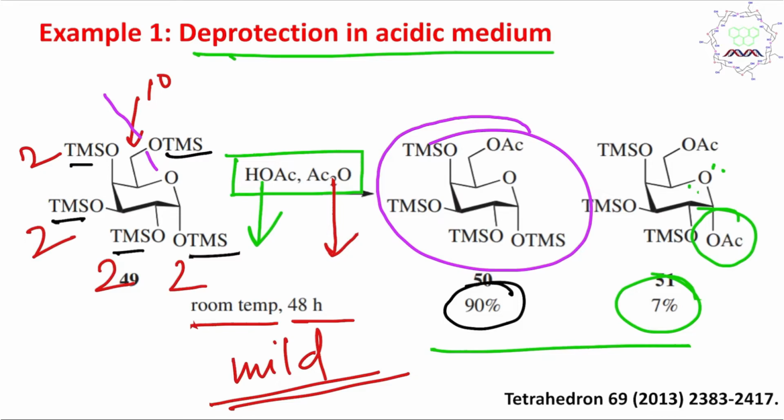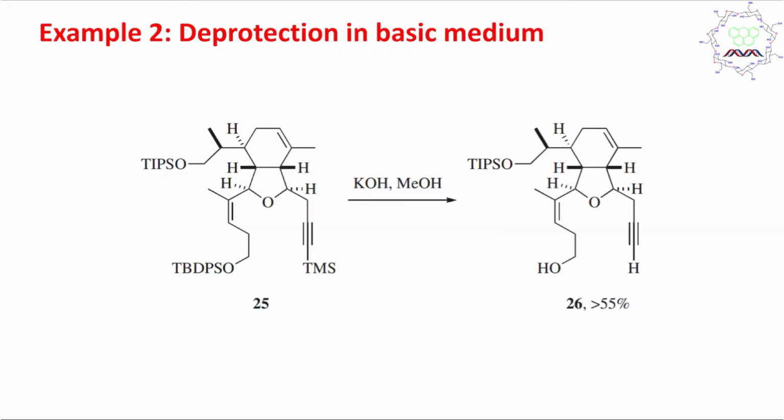Now example 2 is deprotection in basic medium. The previous one was in acidic medium. What happens here? Here KOH and methanol are taken, and obviously the hydroxide ion is the nucleophile. So the question: where will the nucleophilic attack happen? Obviously at the less bulky site. In this case this is tertiary butyl diphenyl, this is triisopropyl, and another is trimethyl.